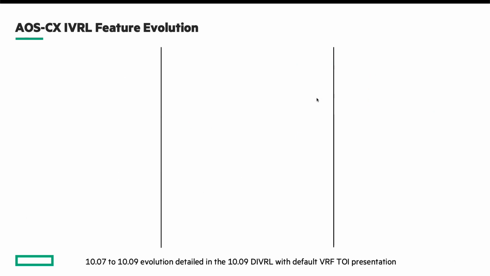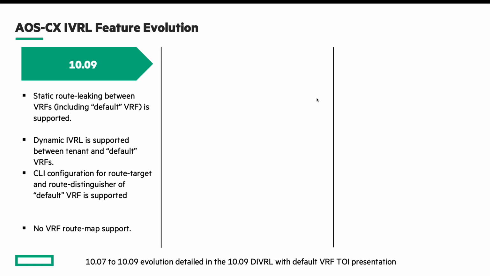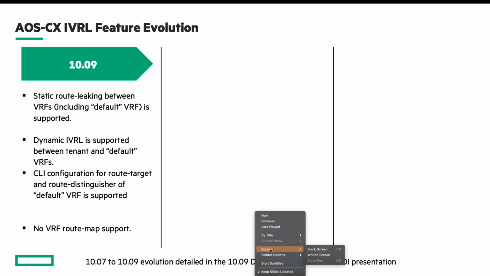Is it a fully new feature for AOS-CX? Not really. Dynamic IVRL was already covered in the 10.9 TOI, so I recommend you have a look. The exact name is DIVRL with default VRF, in the TOI presentation here.